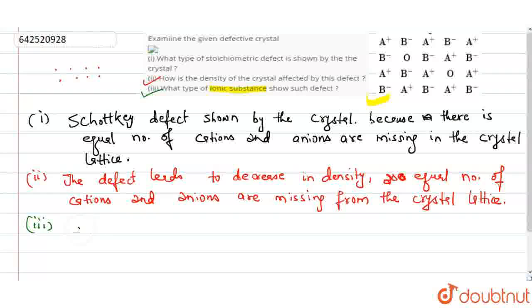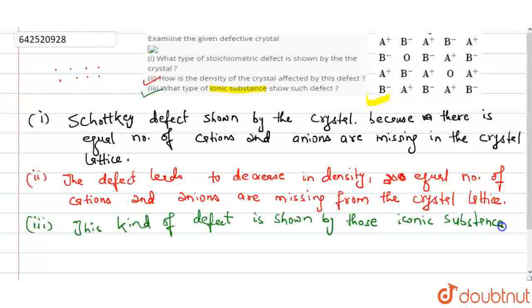So I will say that this kind of defect is shown by those ionic substances in which the cations and anions are of almost similar sizes.